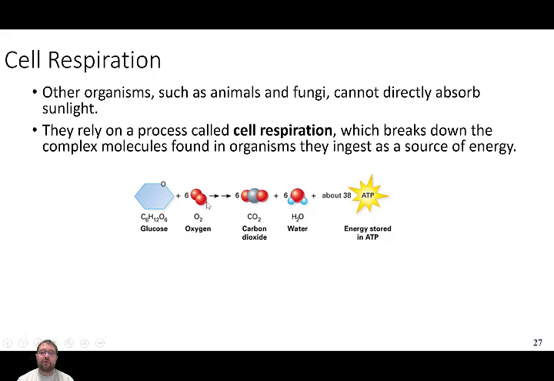So you're taking that in, you're converting it into carbon dioxide, that's the waste product that's leaving. You're also producing metabolic water. This is why we urinate, and other organisms produce other types of waste.